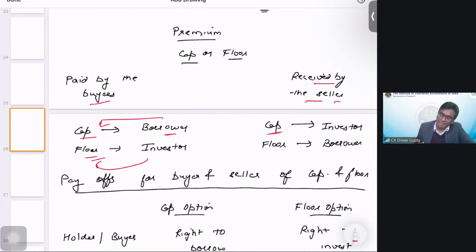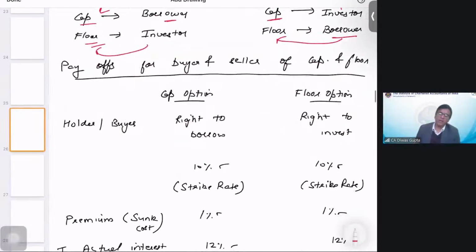Similarly, the investor becomes the seller of the cap option and the borrower becomes the seller of the floor option, because ultimately they will be getting into these specific positions. Clear? Then let's come to the different payoffs for buyer and seller of cap and floor option.